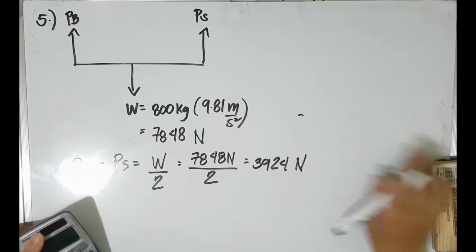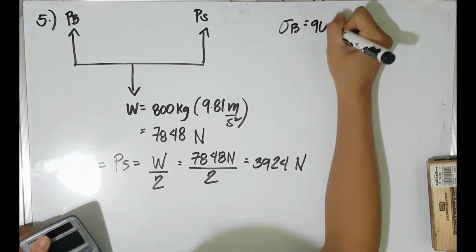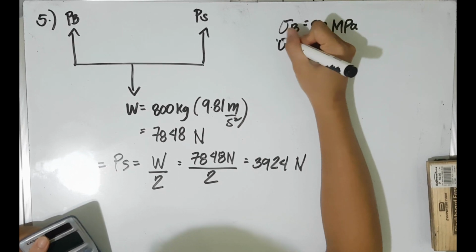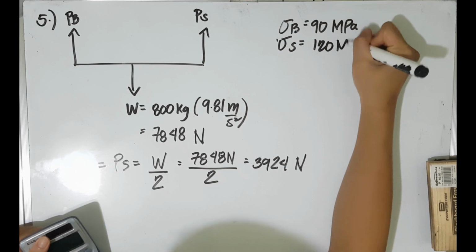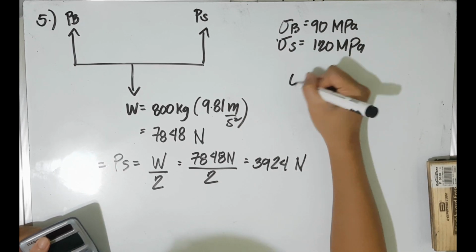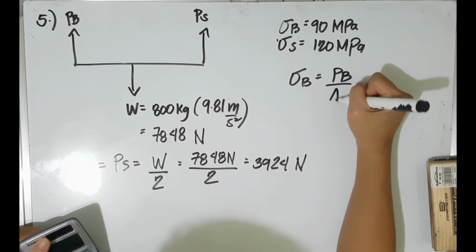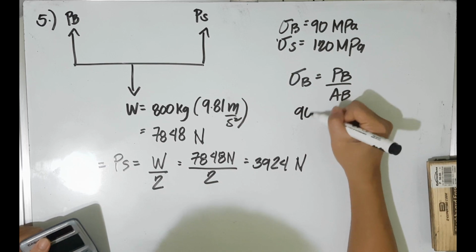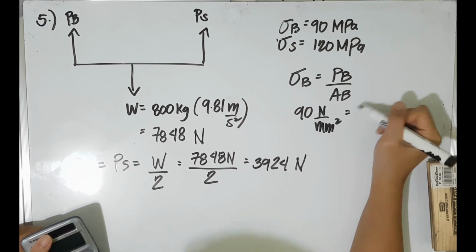Therefore, the stress at the bronze cable is equal to 90 megapascal, and the stress in the steel cable is 120 megapascal. So to determine the area of the bronze cable, we'll just substitute the values here.